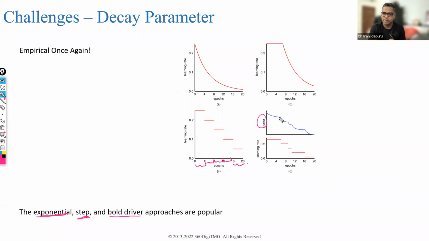The moment your error becomes stable, you will change your learning rate, you reduce it. Then as long as the error is decreasing, don't change the learning rate. But the moment your error becomes stable, change the learning rate. That's how it goes.